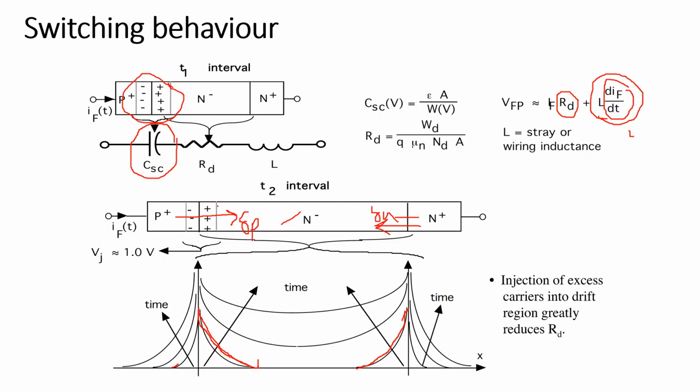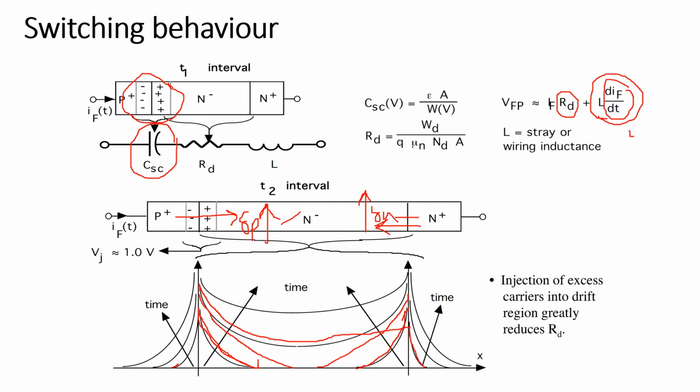But if current rises further, that is, if this delta p rises further, this will result in more delta n. So with time we get a curve like this, that delta p is going like this, and as a result delta n is going like this, and then with more time we get this curve where delta p starts reaching the other side, the n plus side, and then it is recombining.